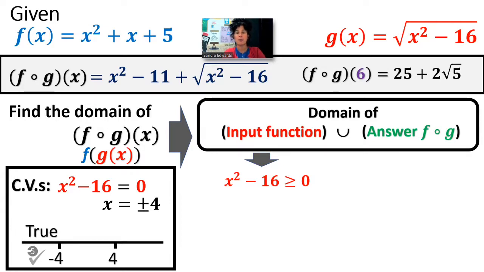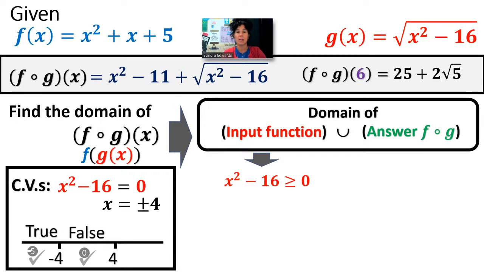Now let's pick a number between negative 4 and 4 and test that one. I'm going to go with 0. If I substitute 0 into the x squared minus 16 greater than or equal to 0, I end up with negative 16 is greater than or equal to 0, which is not a true statement. That means that every number between negative 4 and 4 is not going to make that true. So we can't use those numbers.